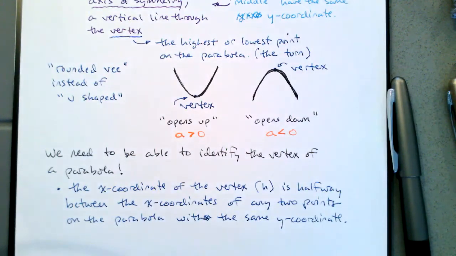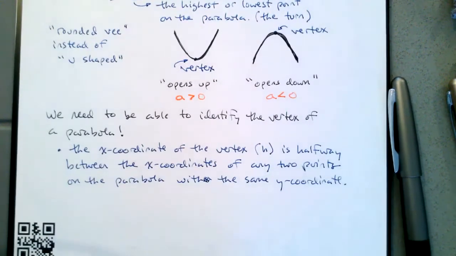Ugh, that's a mouthful. The x-coordinate of the vertex is halfway between the x-coordinates of any 2 points on the parabola with the same y-coordinate. And at this point, you're like, oh, why didn't you just say negative b over 2a? Because a, b, and c are not always the numbers that we have when we're describing a parabola. If we just have a table of values, we still want to be able to identify where the vertex is.